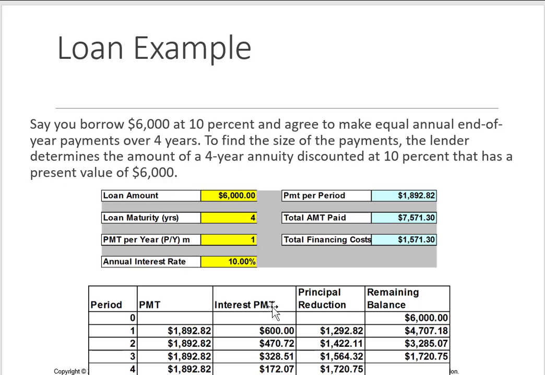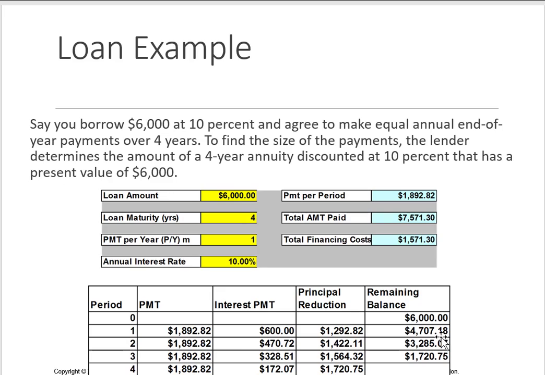What is the interest payment the first year? It's the balance, 6,000, times the interest. 6,000 times 10%, $600. So you paid $1,892. Interest was $600, so that means you reduced the principal by $1,292. That leaves $4,707 on the loan.